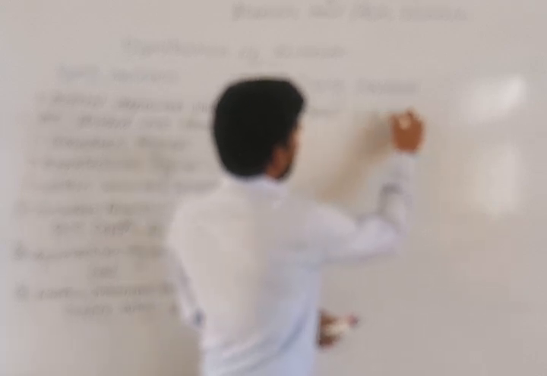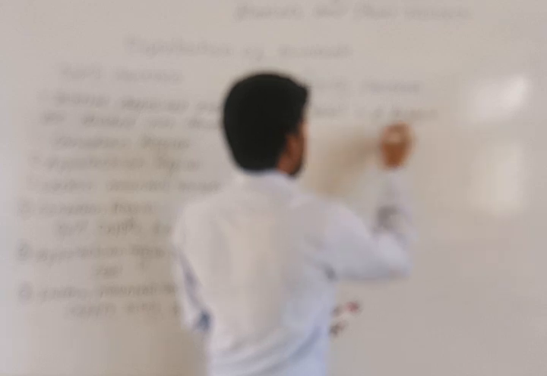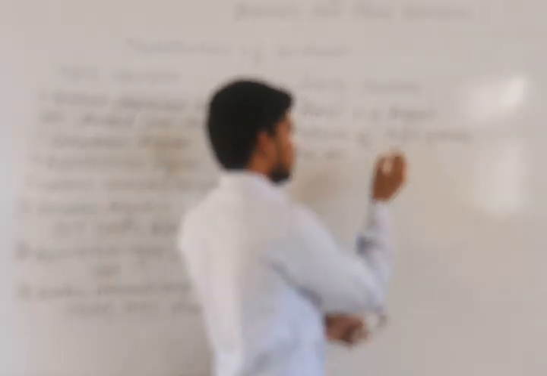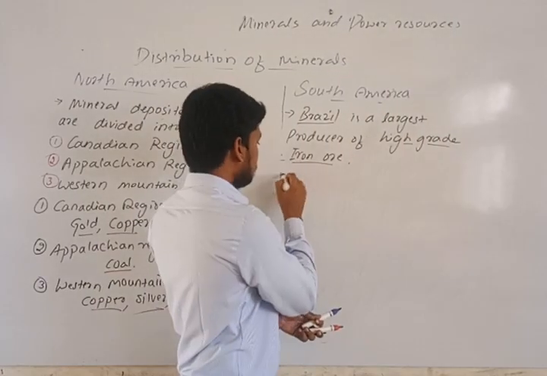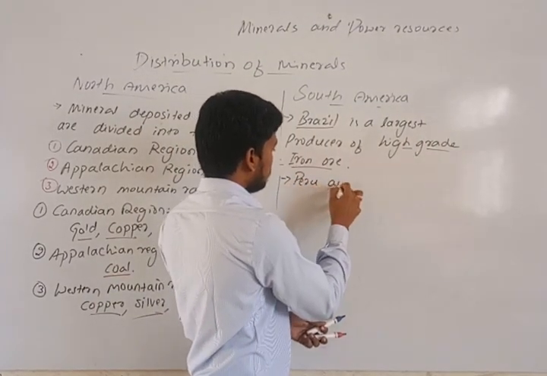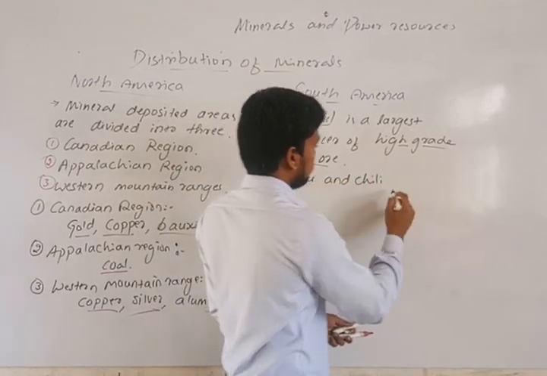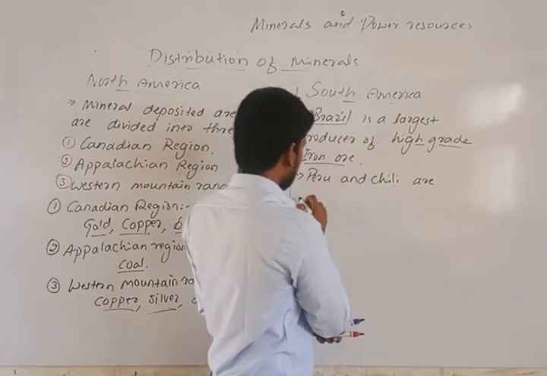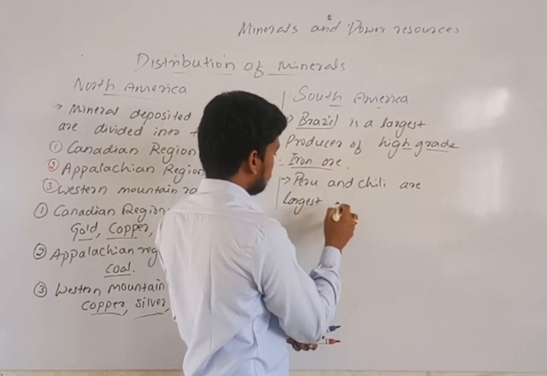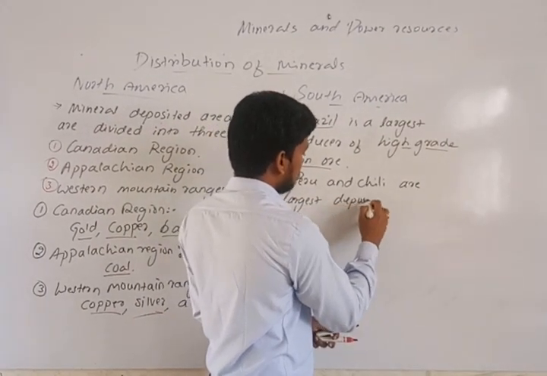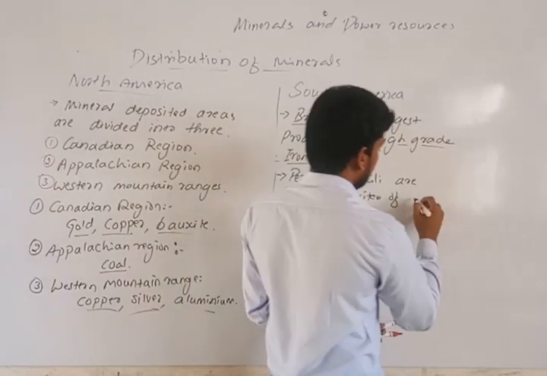Brazil is the largest producer of high grade iron ore. It has a deposition and also produces high grade iron ore, Brazil. Peru and Chile are the largest depositors of tin.